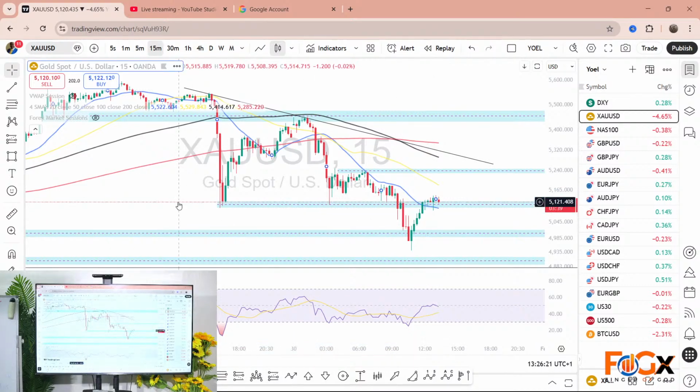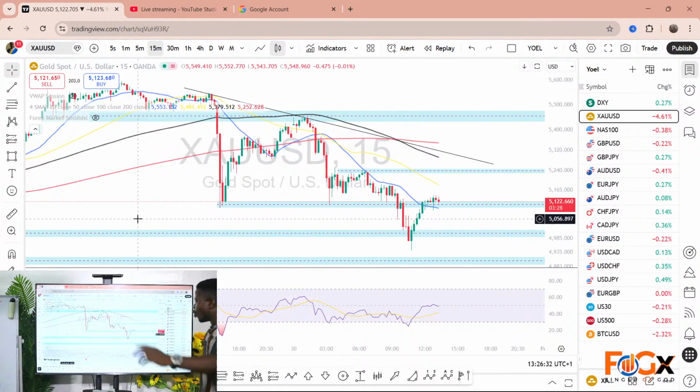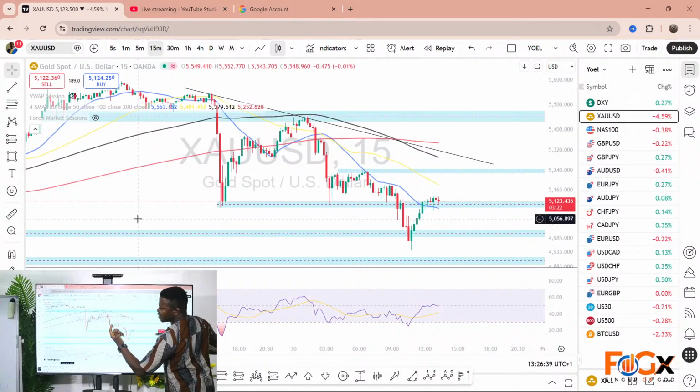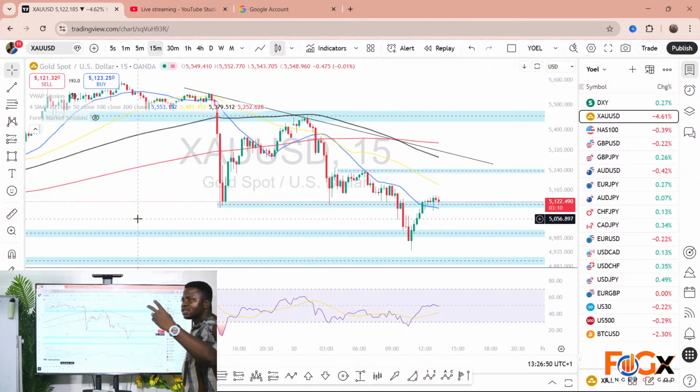So look at it. That's what is making it react. This zone. Now, what I was explaining is this. This zone too is there that we marked. I don't know where we marked it from, but it's there, maybe on a higher time frame. Now, if you are going to sell, think of two things.